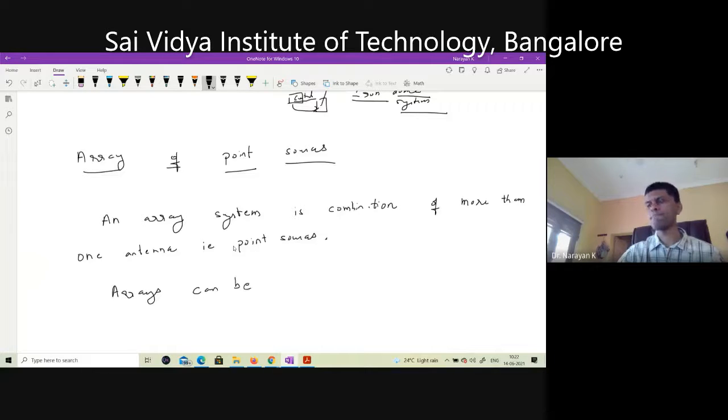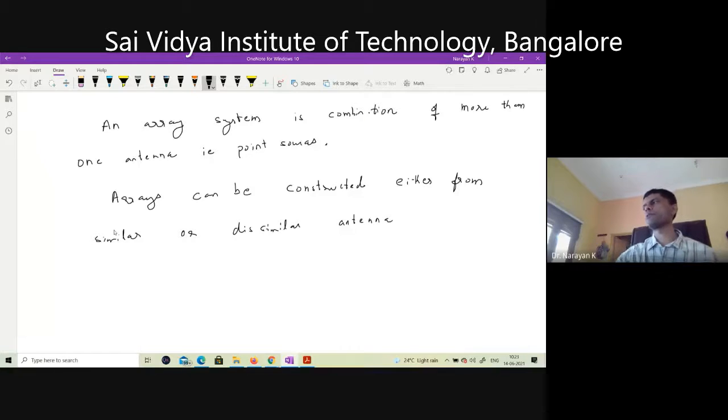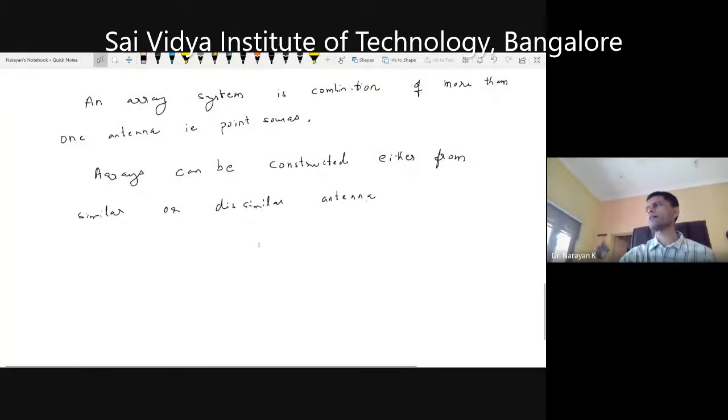Arrays can be constructed either from similar or dissimilar antennas.